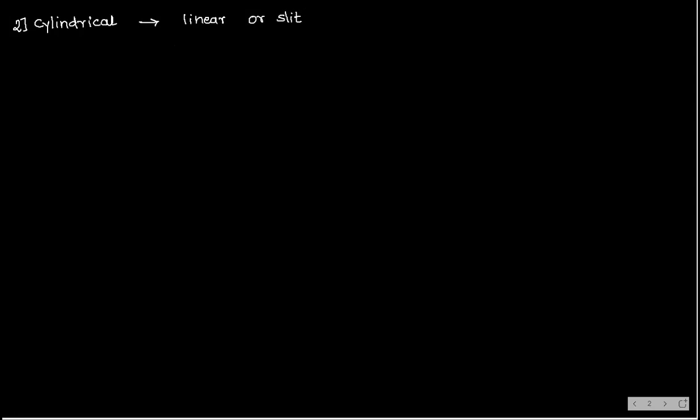Yesterday I told you one experiment, taking two blades and attaching them at the sharp edges, we get one fine slit. Such a source will give you a cylindrical wavefront. So let's see its shape.